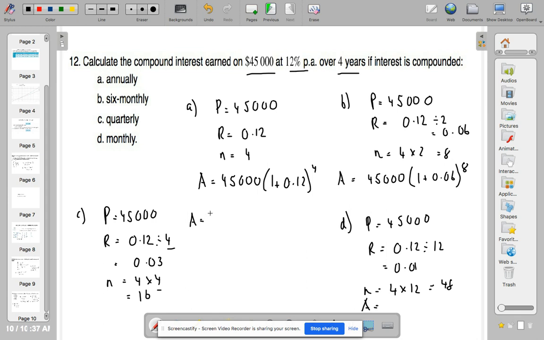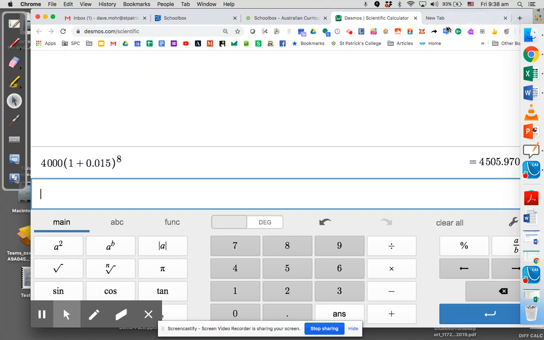For C, it was 45,000 outside of 1 plus 0.03 to the power of 16. And for this one, it will be 45,000 outside of 1 plus 0.01 to the power of 48. I'm now going to go away and calculate these 4 answers. Back in just a moment and we'll contrast them.